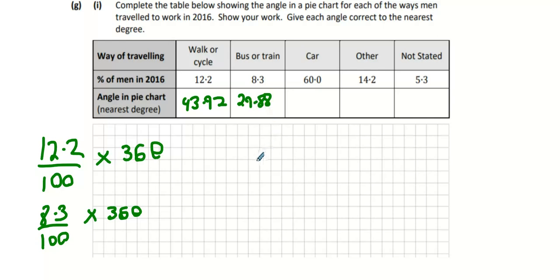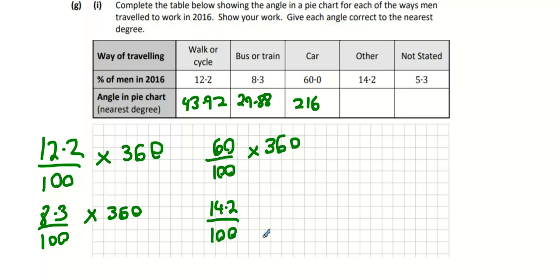Okay, next one is 60% by car. So 60 divided by 100 multiplied by 360 will be a rather large angle, which is 216 degrees. And then finally, for other, we're going to get 14.2 divided by 100 multiplied by 360, and we're going to get 51.12.